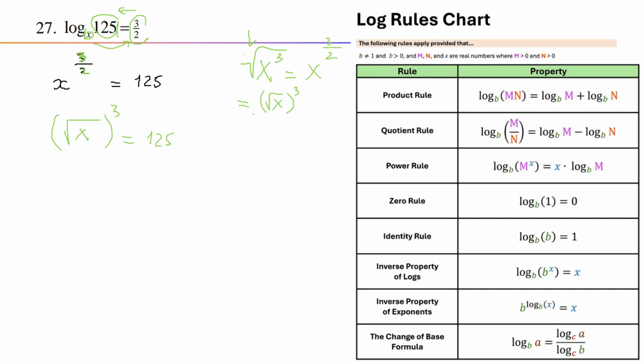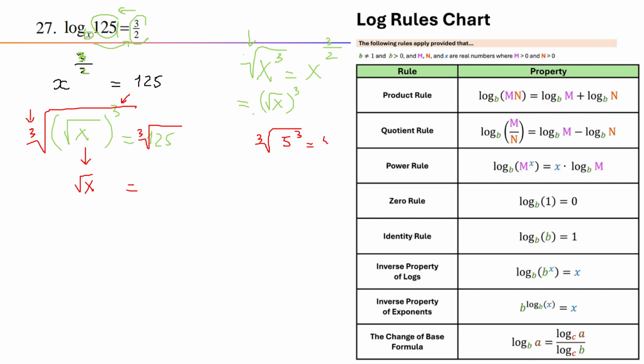Now I will cube root both sides. That's why I have to put the cube outside, okay? So I will cube root both sides. And then I will have my square root of x on this side because the 3 right here cancels the 3 right here. Okay, the square root keeps the same. And then this one, remember we have cube root of 125, that is 5 cubed.